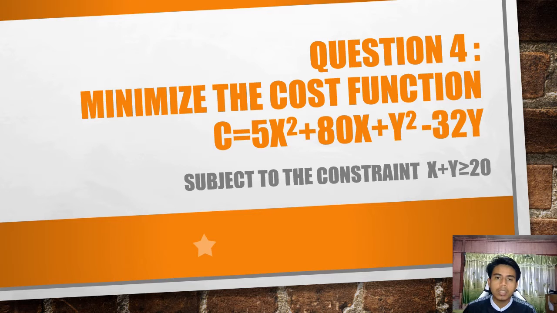The question I get is question 4: minimize the cost function C equals 5x squared plus 30x plus y squared minus 32y, subject to the constraint x plus y larger than or equal to 20.